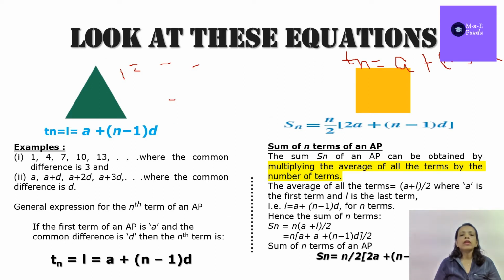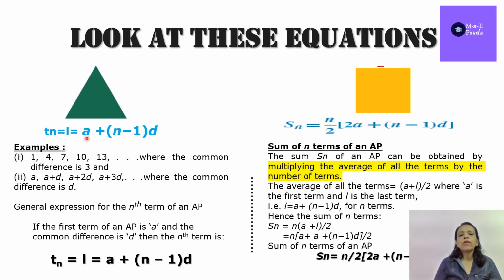So first term here is A, second term here is A plus D. We take this series, the second one, also here: A, A plus D, A plus 2D, A plus 3D. For this, we have to find out the sum of n numbers. So here the first term in this series is A, and the last term is L.